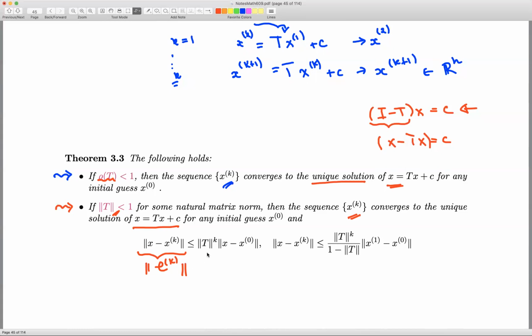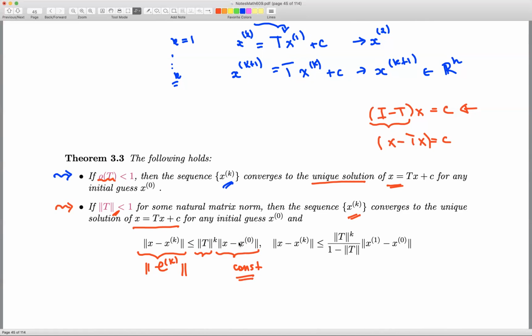This error is less than or equal to the norm of the matrix T to the power k times some other number which we do not know, because we do not know what x is, but this number is some constant that depends on our initial guess.